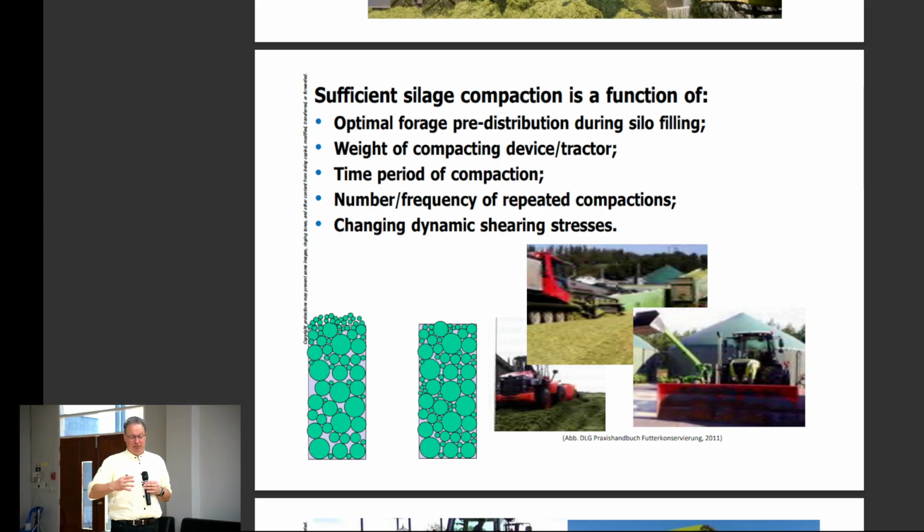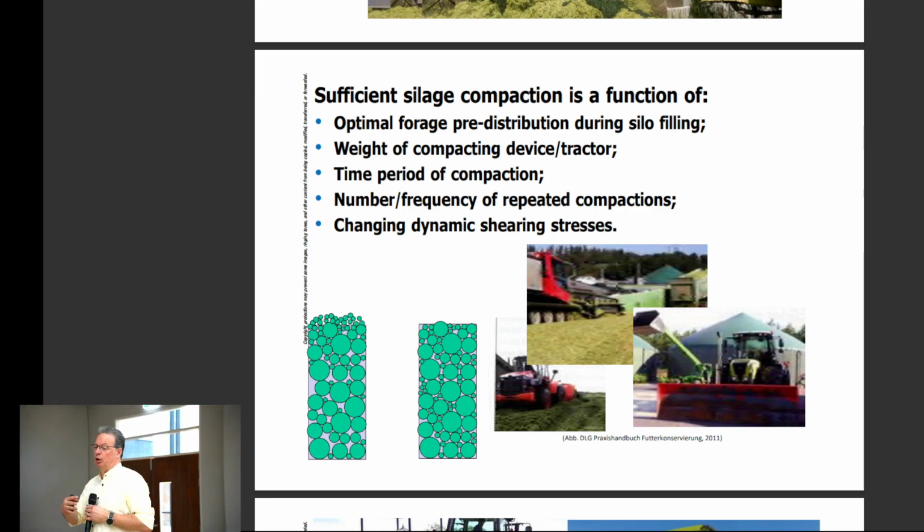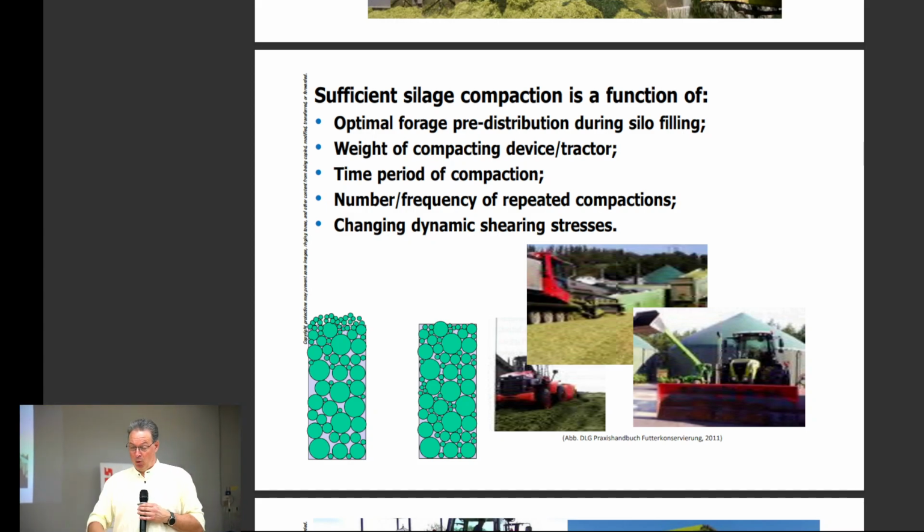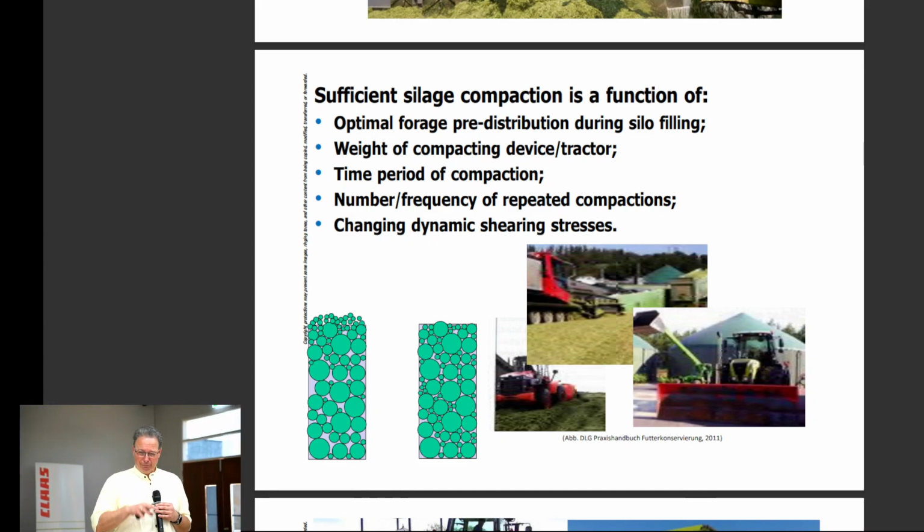If you have this compaction device, it should drive slow, because the slower you drive, the more effective is your compaction. Again, as a rule of thumb, you shouldn't drive faster than 3 to 4 kilometers per hour.